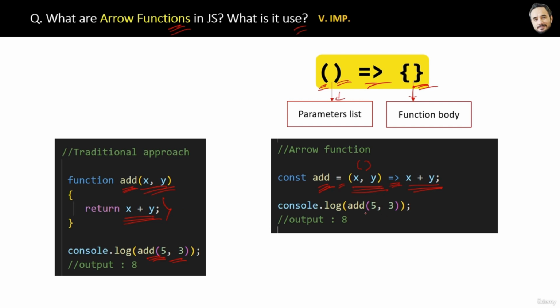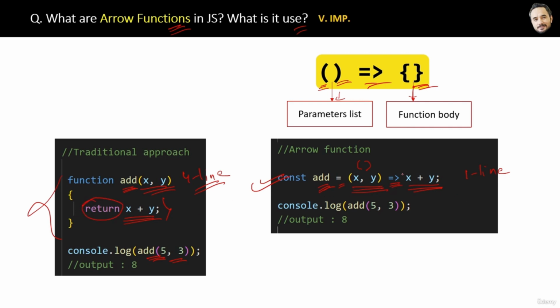Great. Now compare this one line of code with the previous one, which was the traditional function approach. We have replaced 4 lines of code with a single line, right? So the arrow function will make the code shorter and simpler. Even in this case, you do not have to write the return keyword with the arrow function.